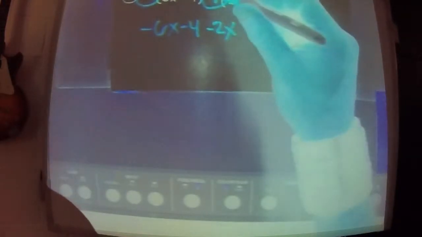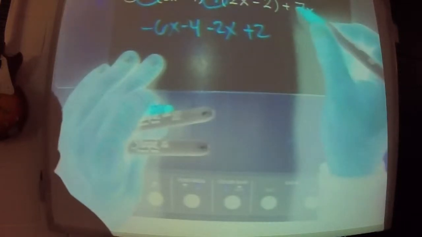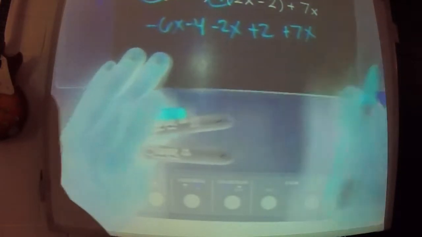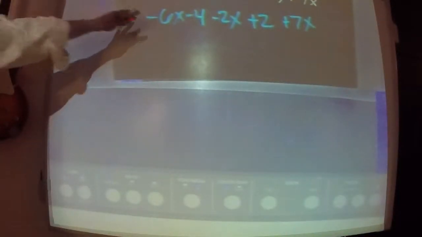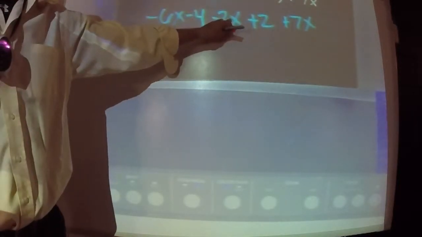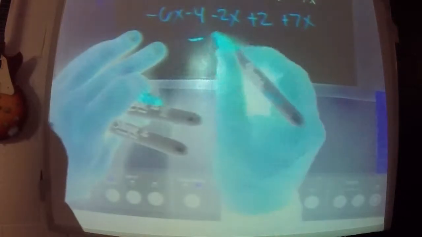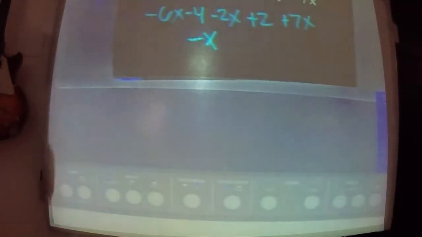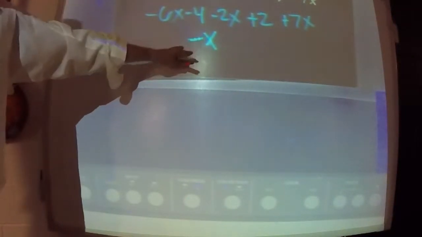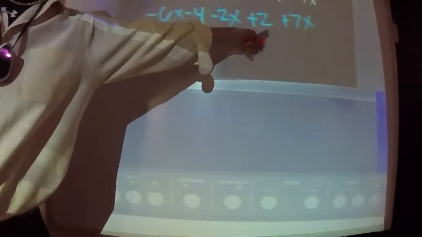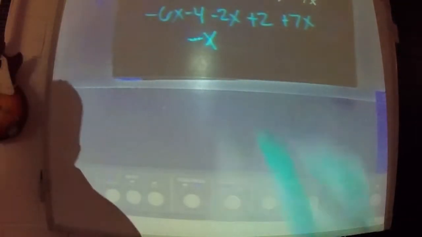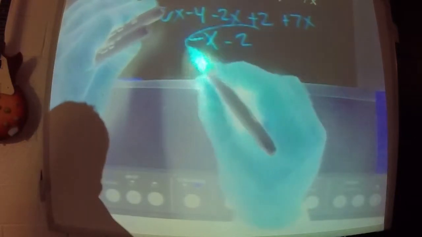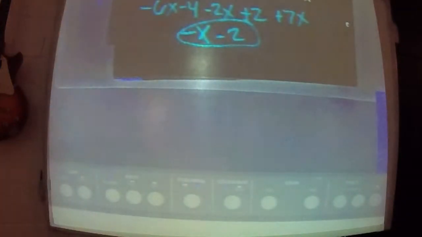Negative 2 and negative 1 make plus 2, and then just drop that in. X's together, so negative 6 minus 2 is negative 8. Add 7, negative 1x. If you said negative 1x, that's great. Or if you just know that's the same as negative x, also good. Negative 4 plus 2 makes negative 2. Negative 1x minus 2, which should look like negative x minus 2.